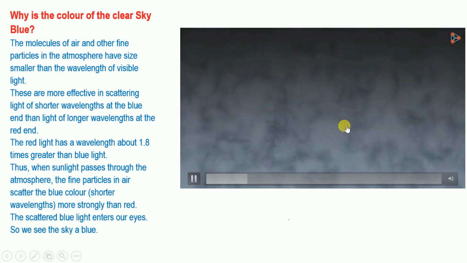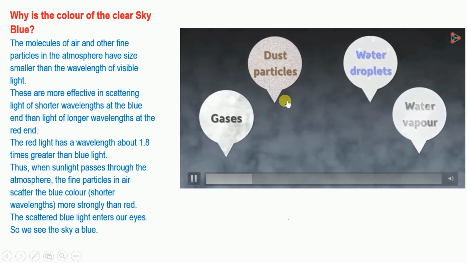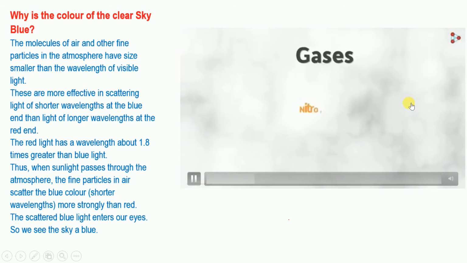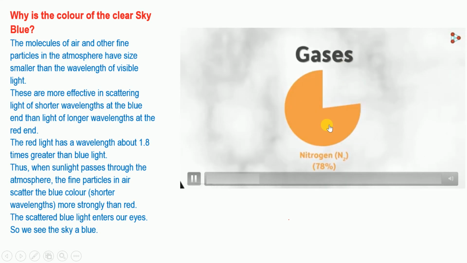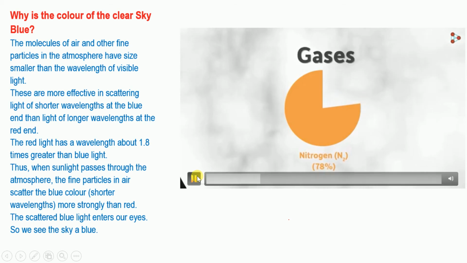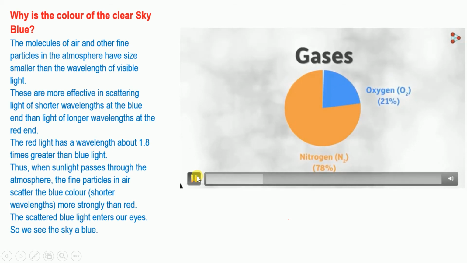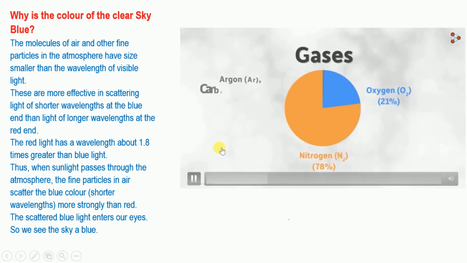Now the atmosphere has gas, dust particles, water droplets, etc. Among these gases, nitrogen is the prominent gas, and the other is oxygen, then the inert gases like argon, xenon, carbon dioxide, etc.